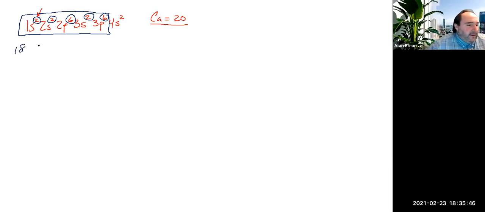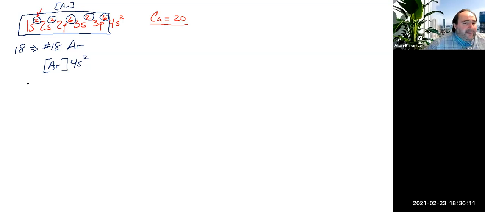And if we go to the periodic table, we will see that number 18 is our good friend argon. So another way that we sometimes can write electron configuration is to take argon, put it in brackets, and basically what the brackets represent is argon's configuration, and then we would continue on.